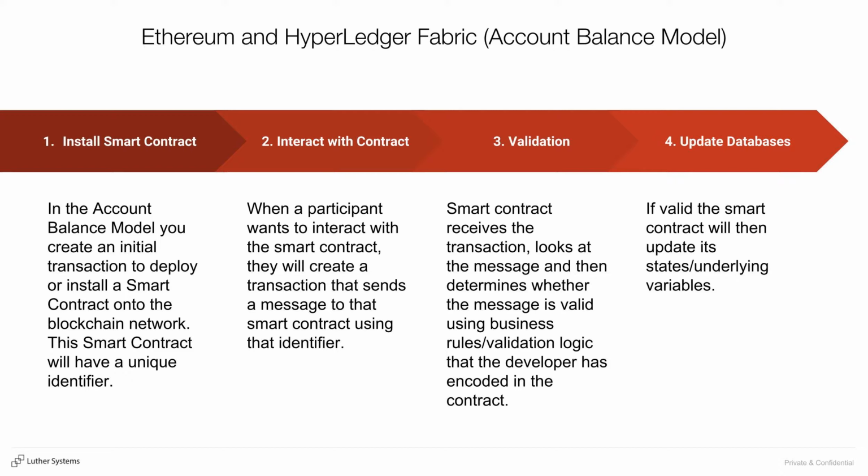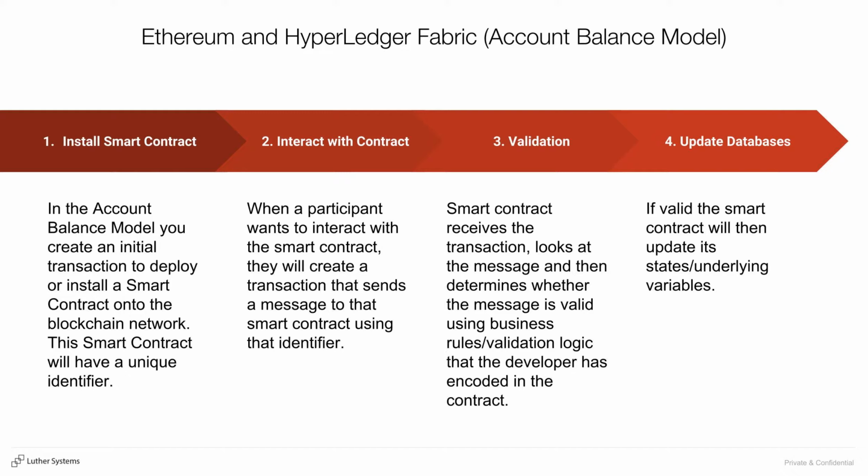And so what that means is a developer will write code that describes all of the business logic and rules in that smart contract. Then they will install this on the network. They'll create a new transaction called a deploy transaction that will deploy it onto the network.